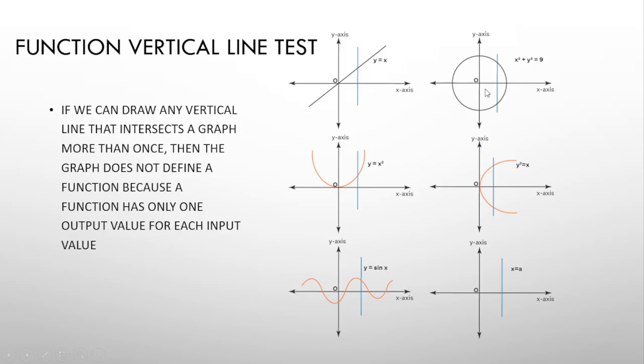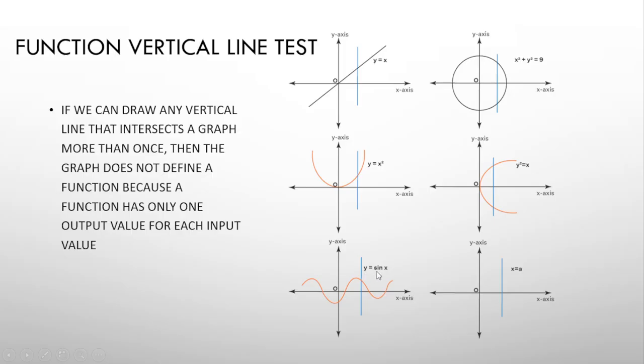So why is that? Why does it work? Because the x value on the x-axis is being used twice with different y values, different outputs. As we know, one input, one output, like the functions we have here, y equals x squared, or y equals sine x.